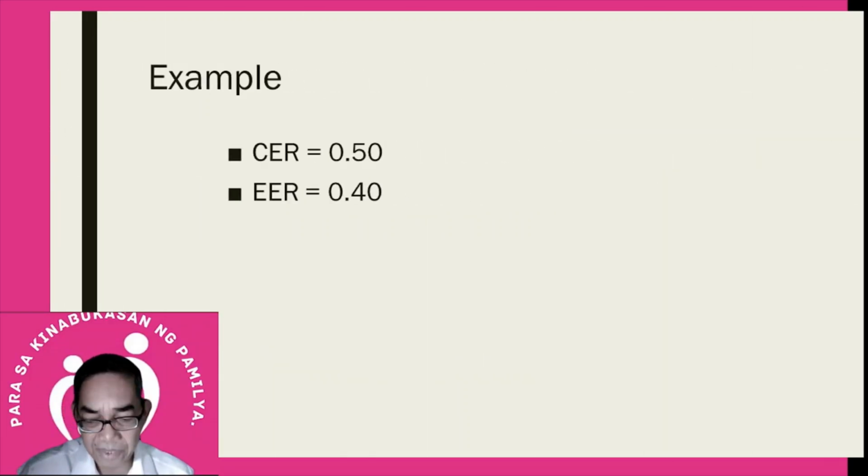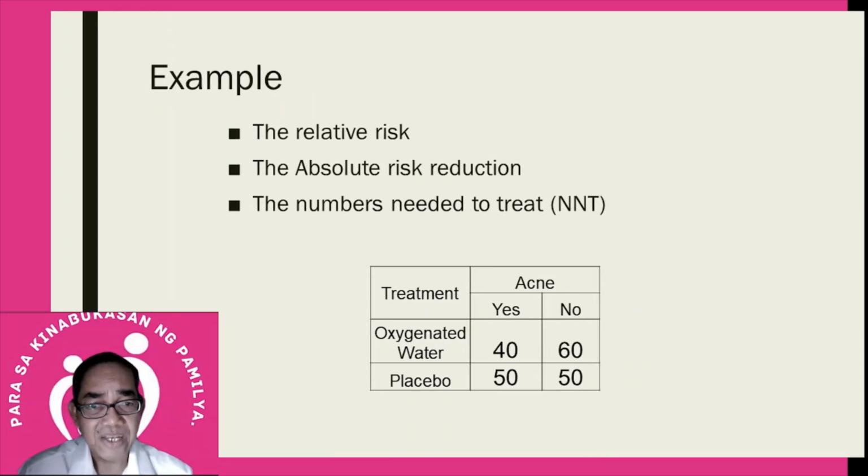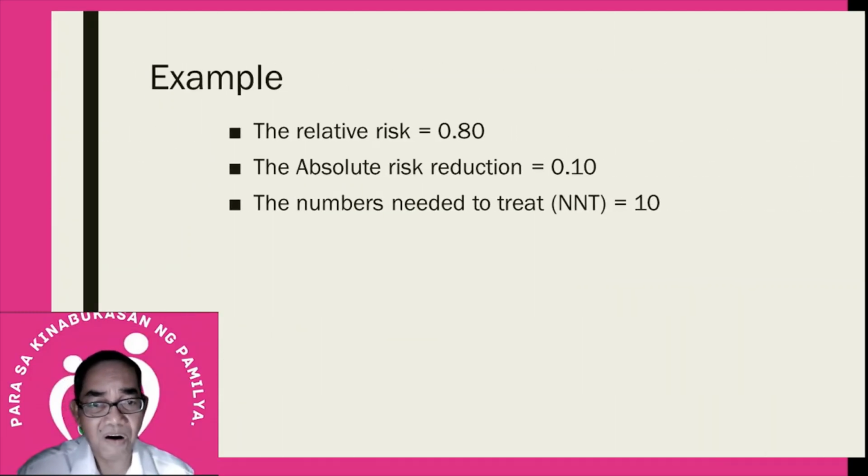So 0.5 and 0.4. The relative risk will just be the ratio of 0.4 and 0.5, and that will be 0.8. The absolute risk reduction is 0.1, and then the number needed to treat will be 10.